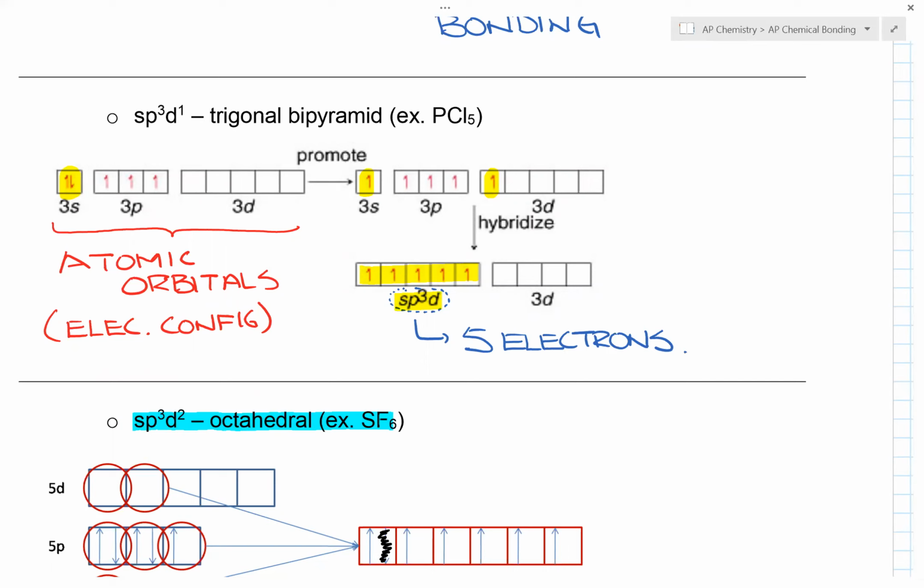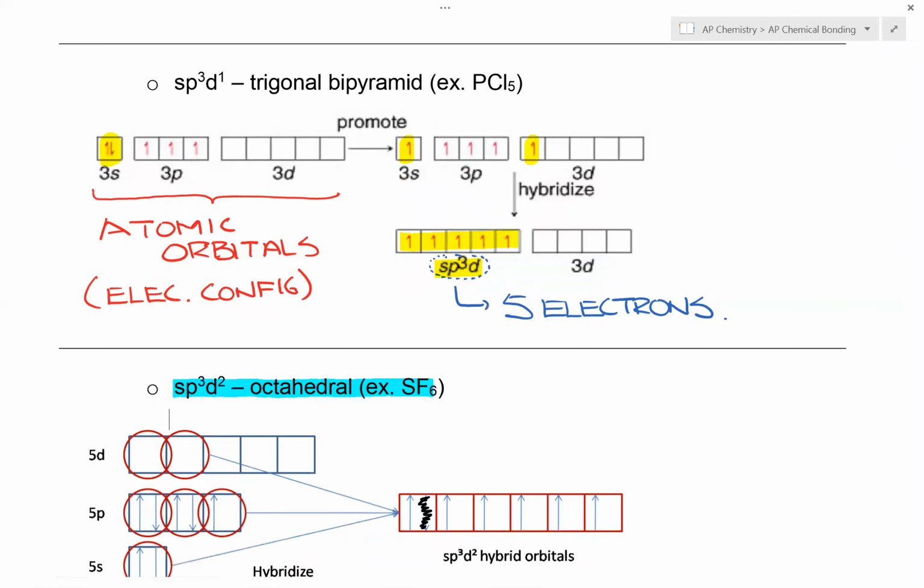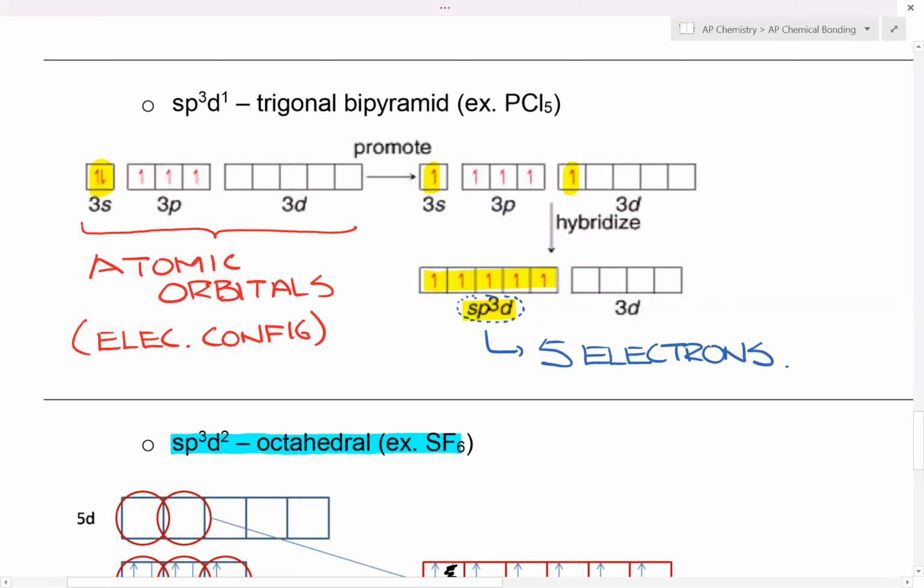Now, one vocabulary term that some of you might have seen: this regular electron configuration, we say is the ground state, because it is not doing anything.